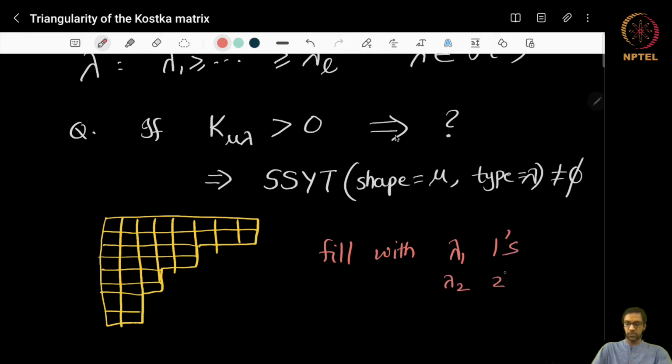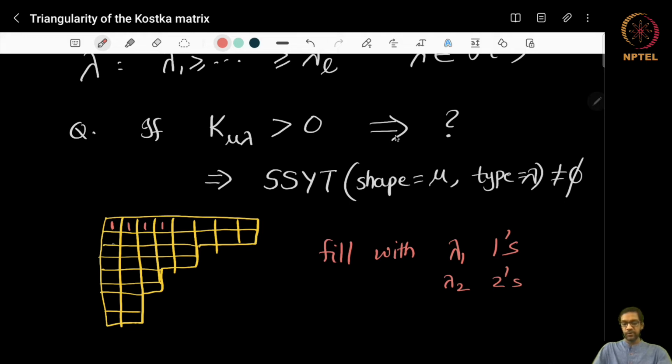Now where will the ones go? The filling is supposed to satisfy the semi-standardness condition: the entries along the columns have to be strictly increasing, and the entries along the rows have to be weakly increasing. That condition implies that all the ones have to occur in the first row.